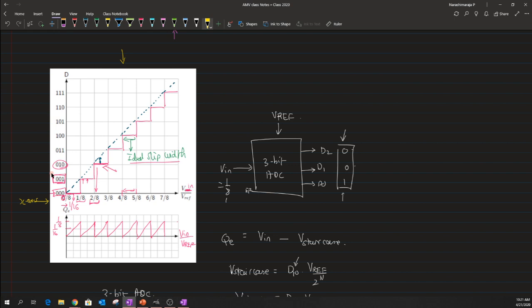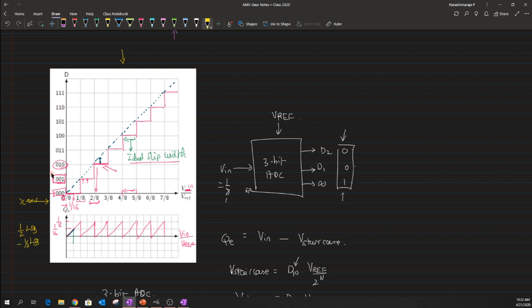The way that one can achieve this is by somehow offsetting this error by half the LSB. What I really mean is that if I could shift this so the amplitude goes all the way to 1 by 16, which is nothing but our half LSB, then the moment I reach the maximum value of plus half LSB, I have to move all the way down to minus half LSB.